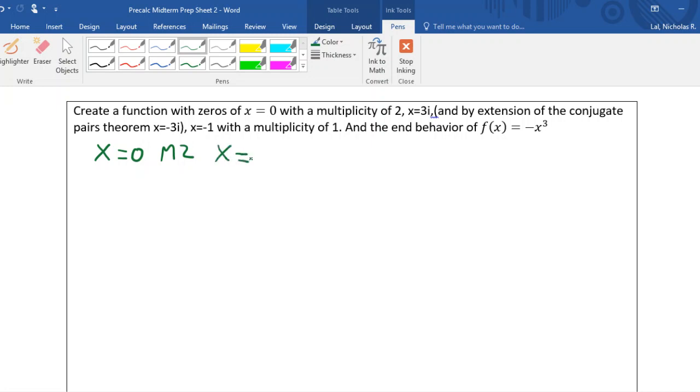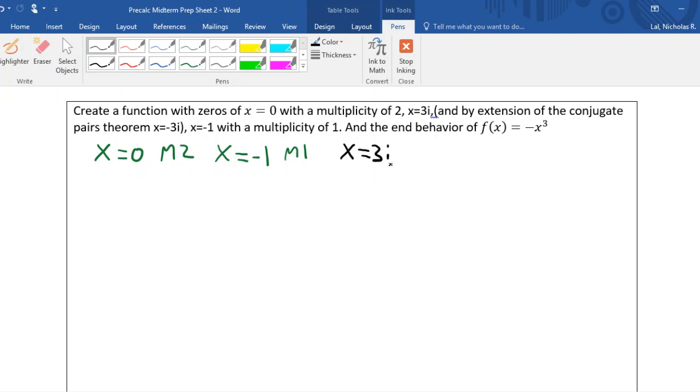What's the multiplicity here? 1, okay? And let's say you were told that x equals 3i is a 0, okay? If x equals 3i is a 0, you need to know that x equals negative 3i is the other 0.